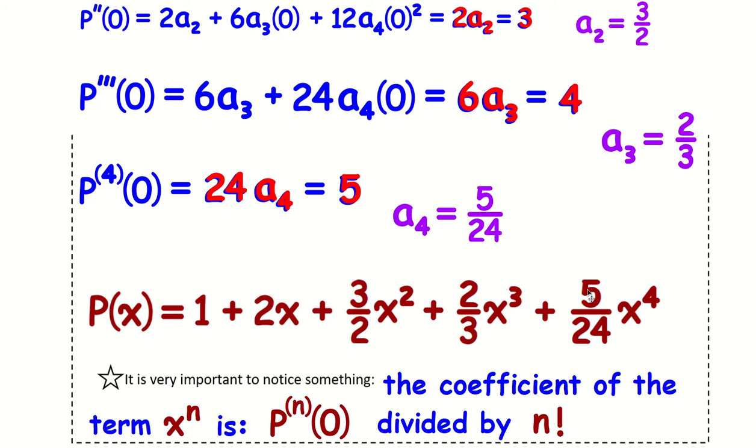When we plugged in 0 to the fourth derivative, we got 5, and 24 is 4 factorial, 4 times 3 times 2 times 1.